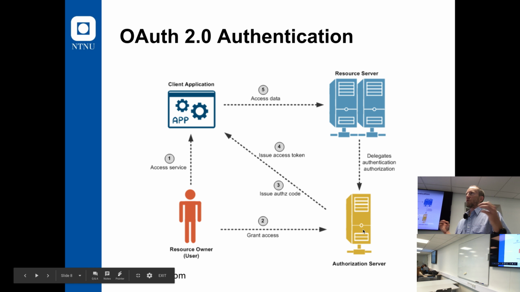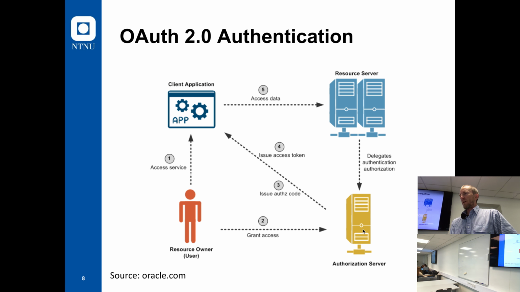Let's say it's Google. Okay, so if I have an account with Google, I can request access to the resource server, but I don't need to have the resource server managing my identity. It's Google managing my identity. It's just that the resource server delegates the authentication and authorization to an authorization provider, right? So they don't learn anything about you other than you've been authenticated by this third party, right?